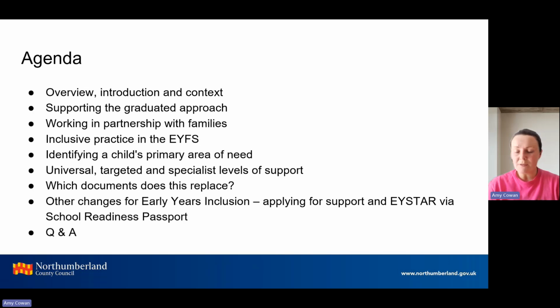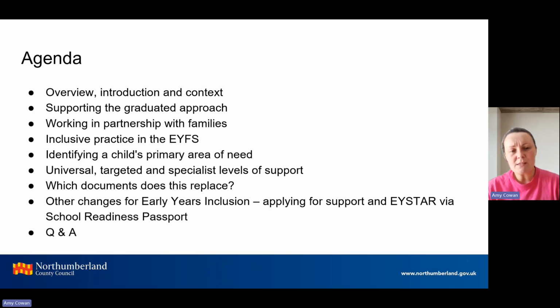And then some other changes for early years inclusion. So over the next few months, we're changing the way that you request inclusion support. That's going to all be done through the School Readiness Passport, which is really exciting. And also applying for EY Star funding as well. That's going to change and go through the passport eventually. And by moving everything onto the School Readiness Passport, it's just going to stop you guys from having to double up.